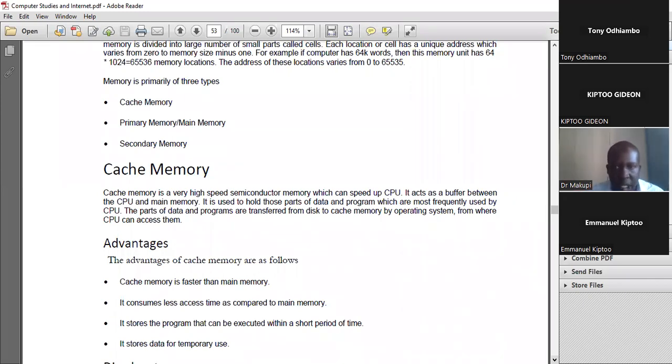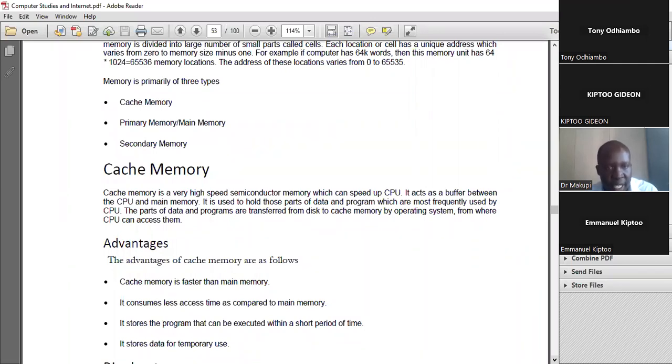A buffer is a kind of storage between the CPU and the main memory. It holds those data and programs which are most frequently used by the CPU. So whatever is being used or processed by the CPU at any given time is held by the cache memory.